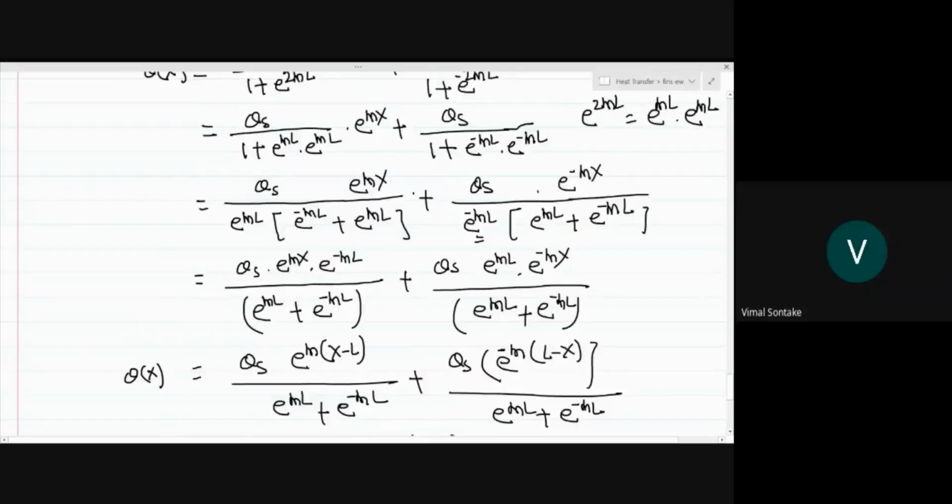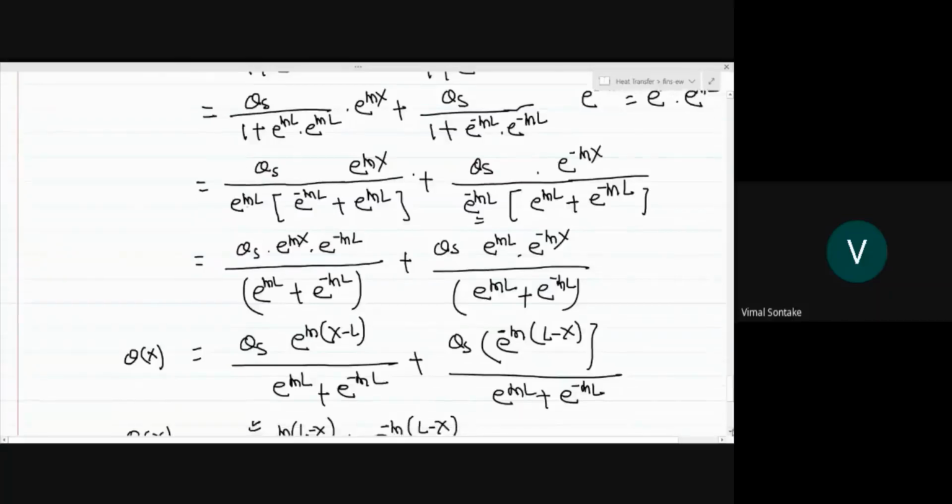So if I take the minus sign from here, oh sorry, it will be like this. Correct. Thank you for pointing out. Actually, the same thing is there. The second term will be e to power m L minus x. E to power m L minus x, and this will become what? If I take minus m common, it will become L minus x. Let me correct this for you.